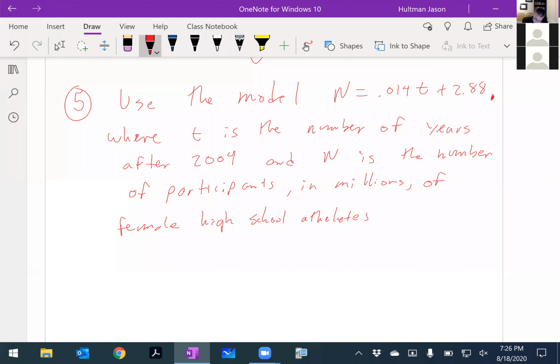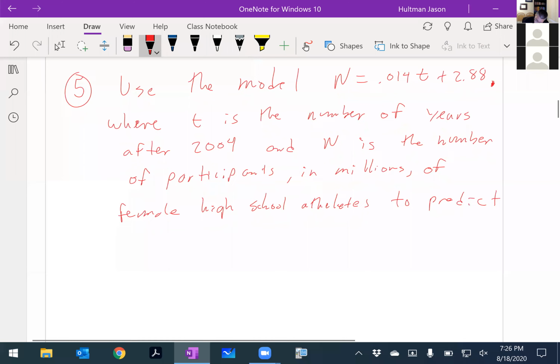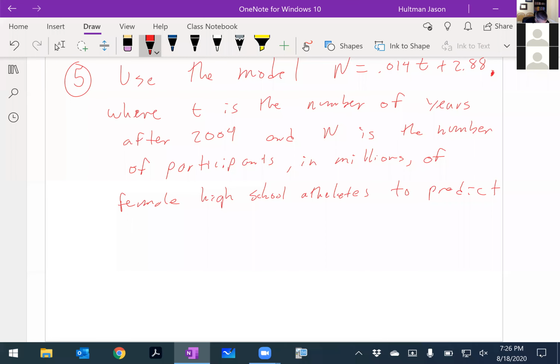Use this model to predict the number of female athletes in 2017.